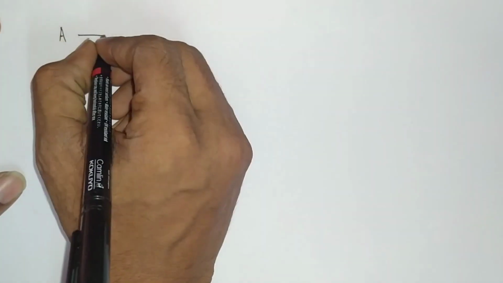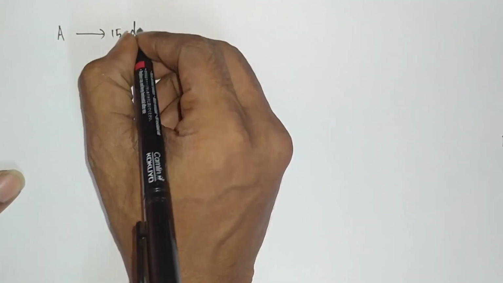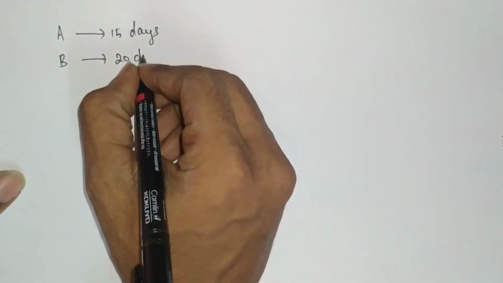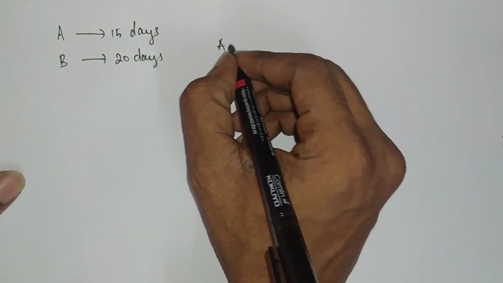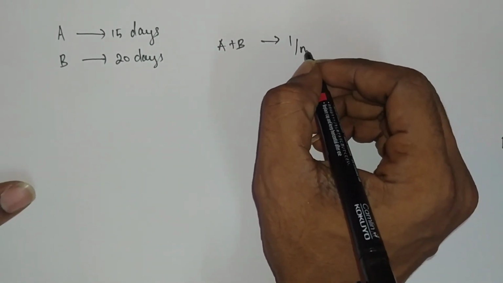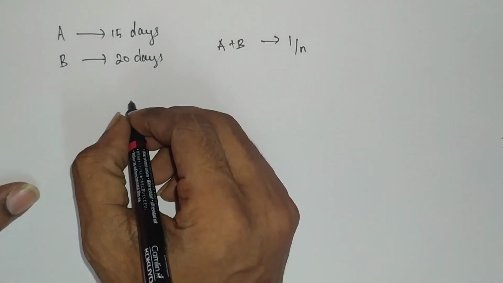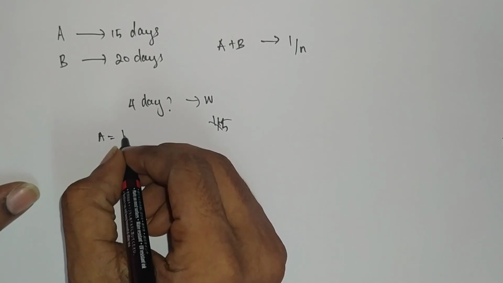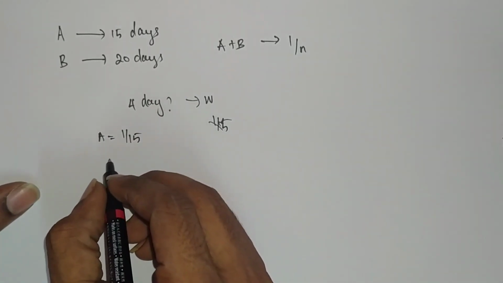So we know A can do a work in 15 days and B can do it in 20 days. So let's assume it's taking n days to complete the work together by A and B. So let's say the work completed in 4 days is W. So we know A is equal to 1 by 15, B equal to 1 by 20.